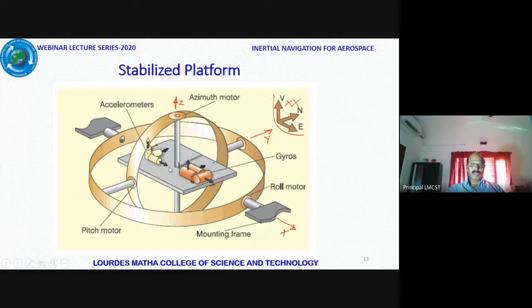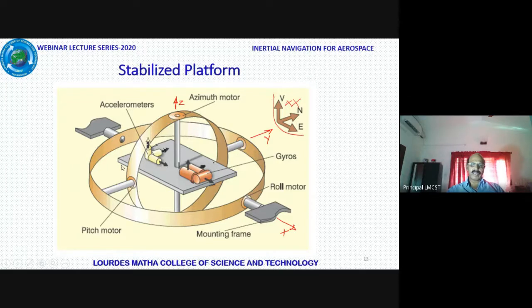That needs to be corrected. And in order to correct, we must know how much angular motion has come there. To measure that, we put gyroscopes here, and these will measure the residual angular motion which has come here, and then drive the three gimbals.